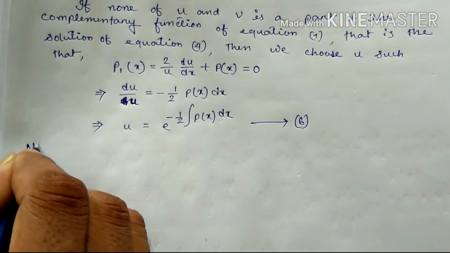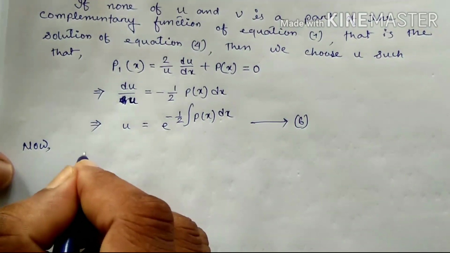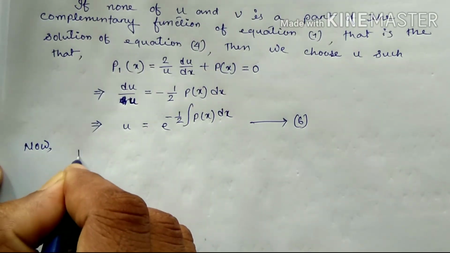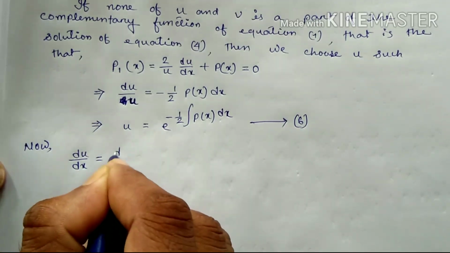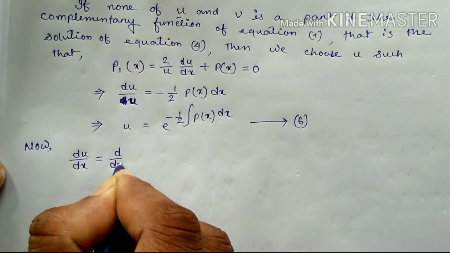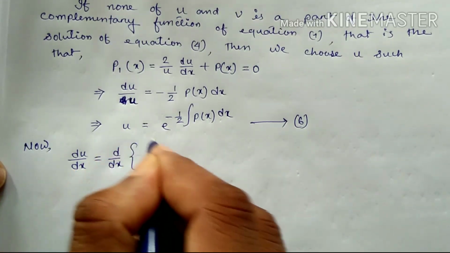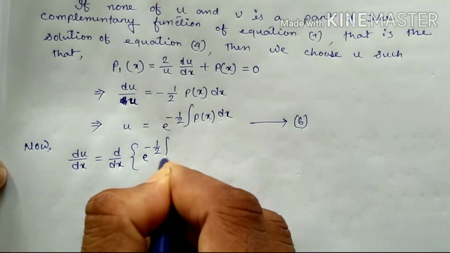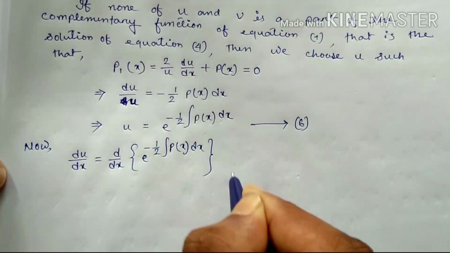Now we have to find du by dx. Now du by dx is equal to d upon dx within bracket, the value of u is e to the power minus 1 by 2 integration p of x dx.